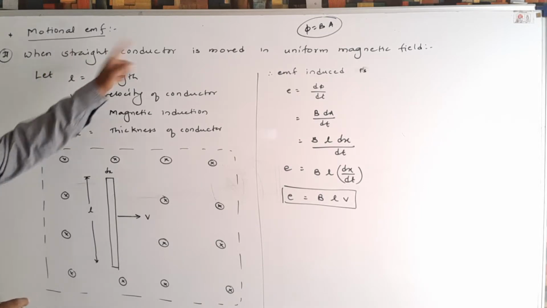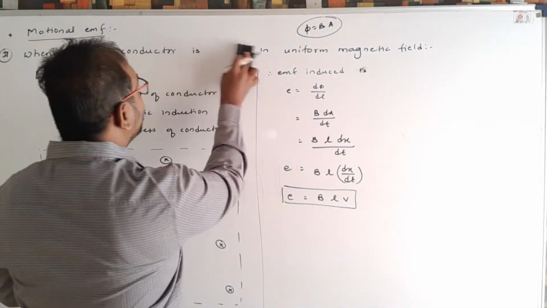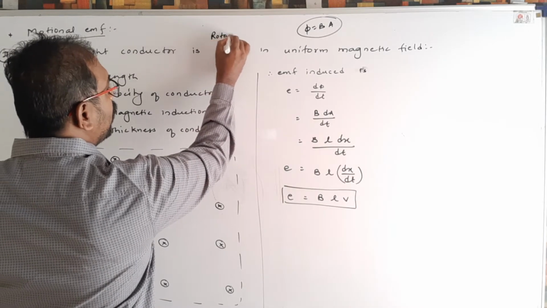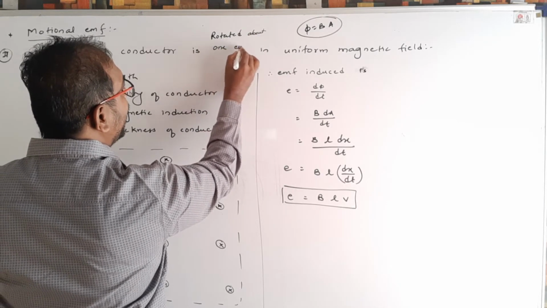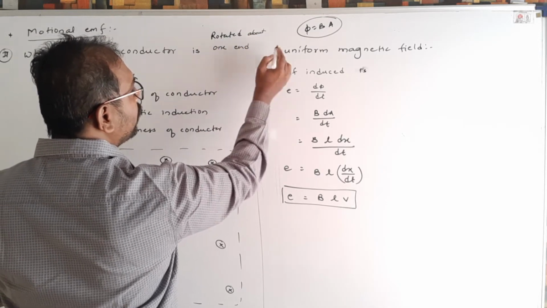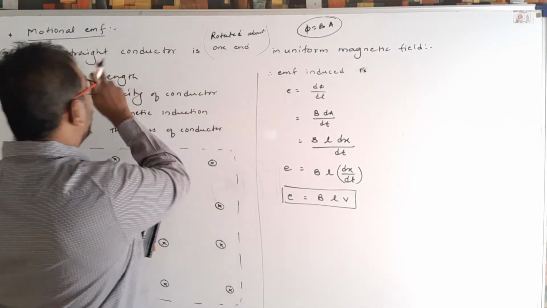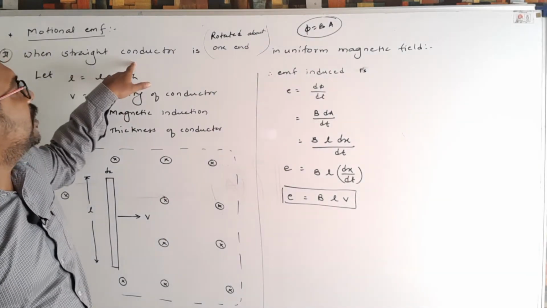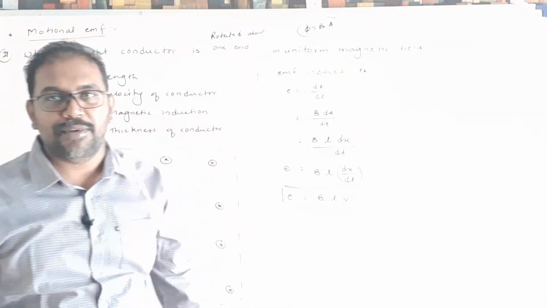When a straight conductor is rotated about one end, I can write it here, rotated about one end in a uniform magnetic field. The only thing is that here I have to write rotated about one end. When a straight conductor is rotated about one end in a uniform magnetic field, we have to find how much EMF is induced in the conductor.